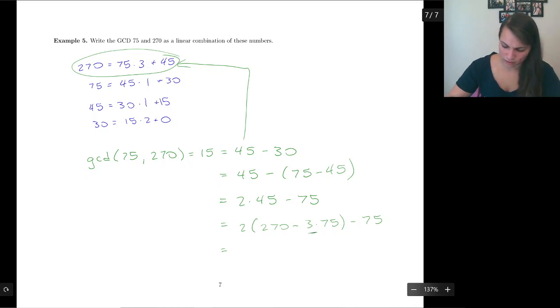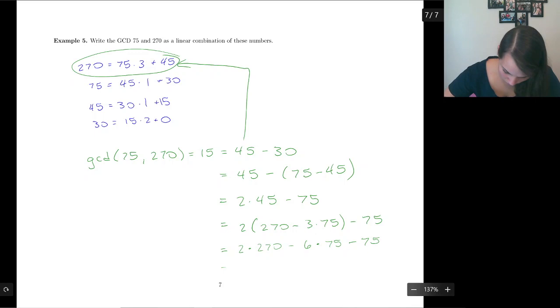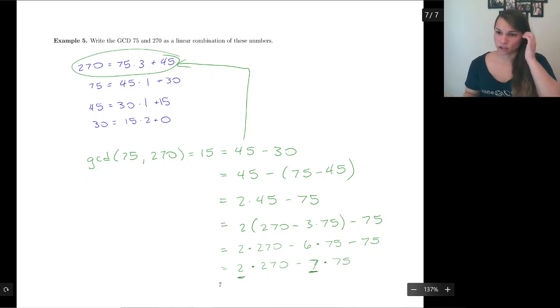Notice I keep the 3 separate from the 75. That way I can play this coefficient game with the 75. So this is going to be 2 times 270 minus 6 times 75 minus 75, which is really just 2 times 270 minus 7 times 75. So there you go. Our coefficients are -7 and 2 this time around.